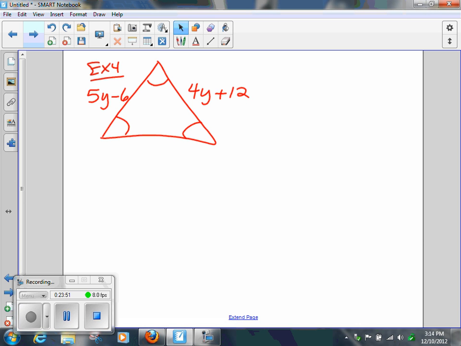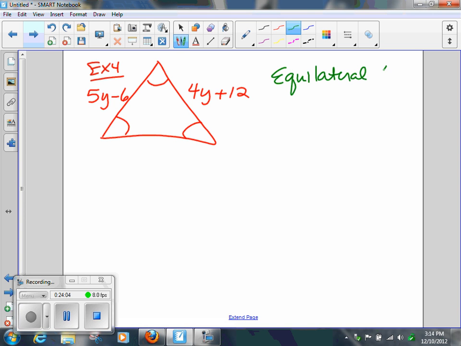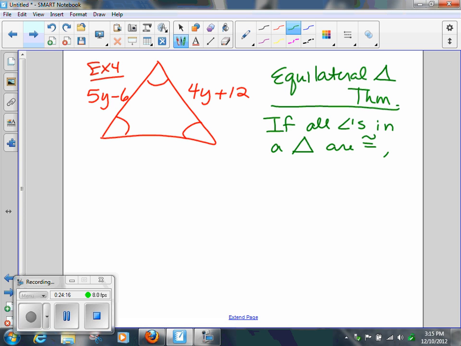Would I set them equal to each other? Why? Because they are equal. Write this down: the equilateral triangle theorem says if all angles in a triangle are congruent, then all sides in that triangle are also congruent.